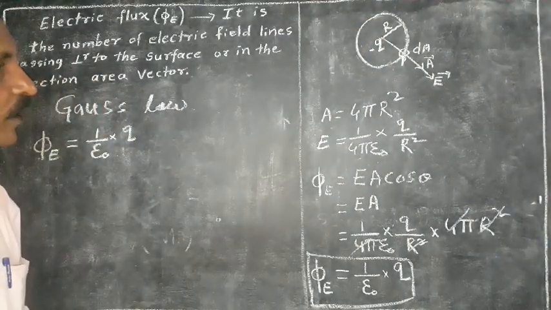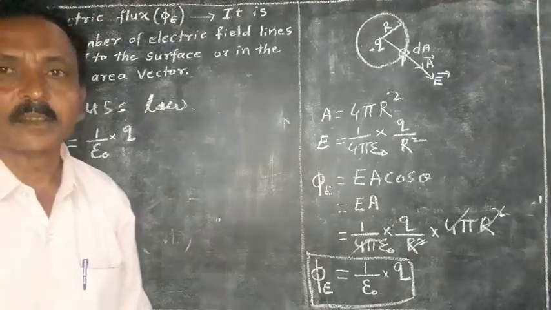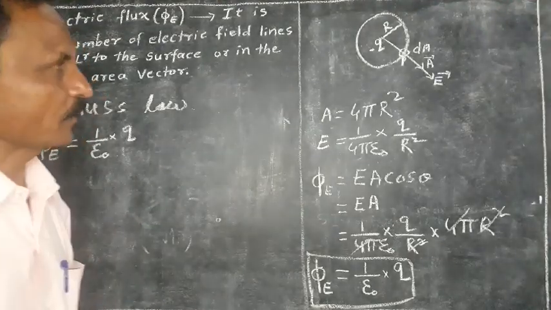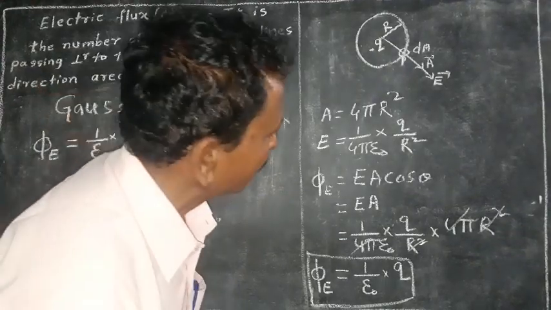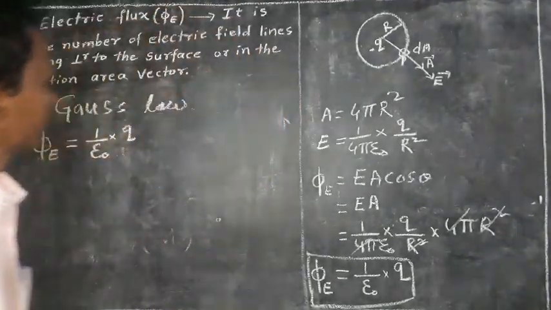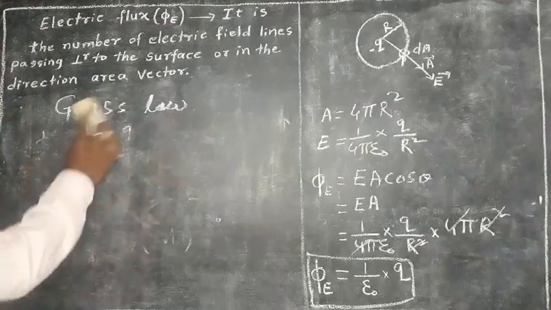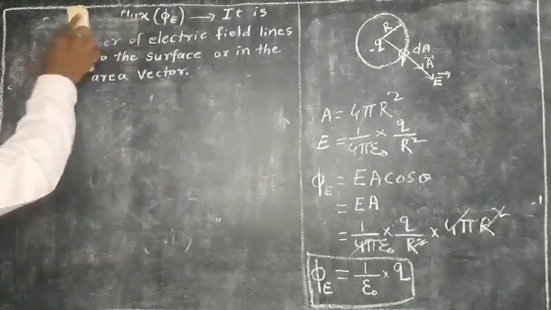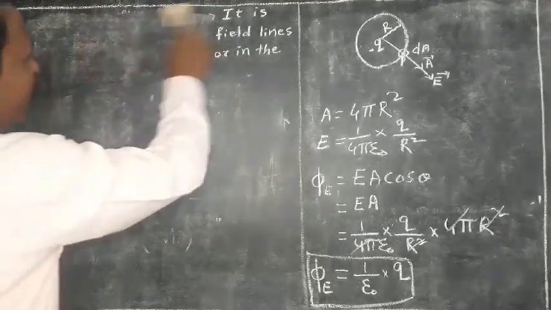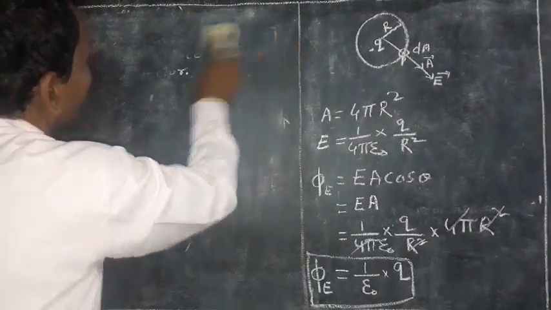But here you may have one doubt. I am repeatedly saying area vector, but in previous classes you have studied area is a scalar quantity, and I will try my best to convince you how area is a vector.